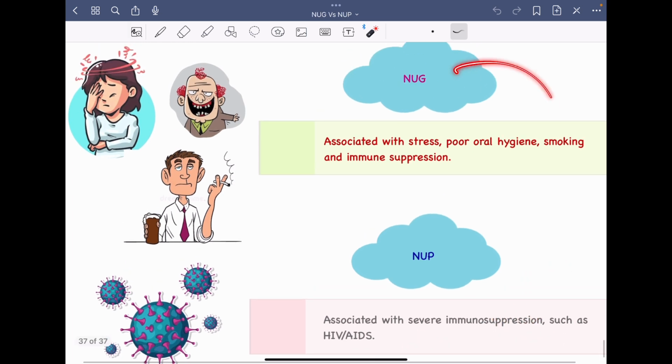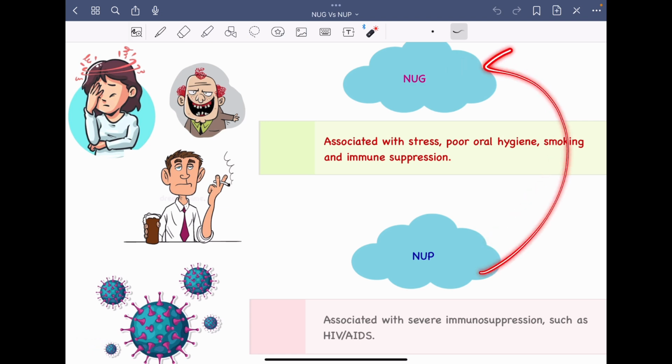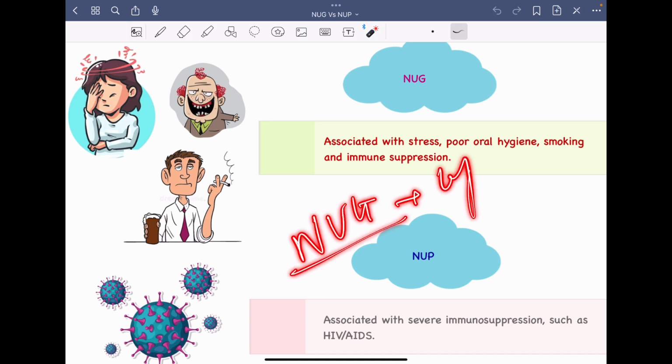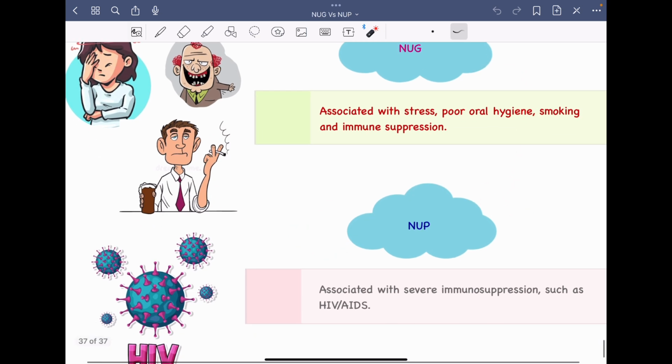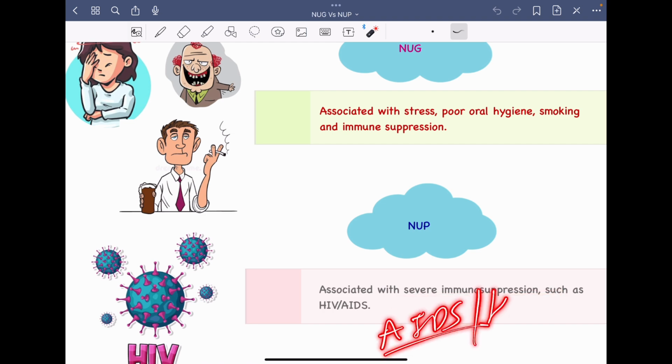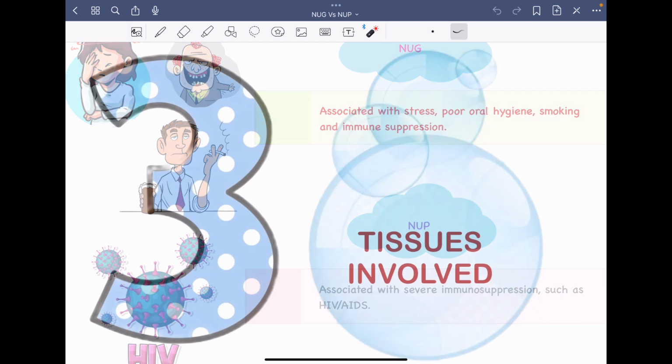Because NUP is nothing but an extension of NUG itself, right? So when NUG is left unchecked, when NUG is left untreated and unchecked, it will result in NUP, right? So it is associated with severe immunosuppression, for example, AIDS and HIV, right?